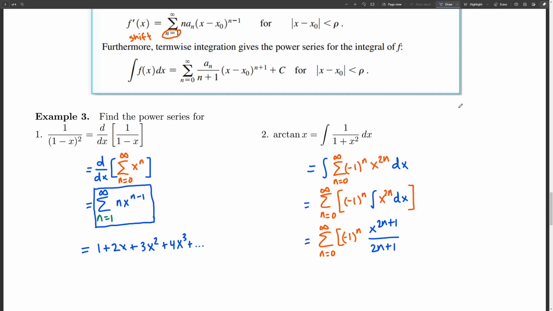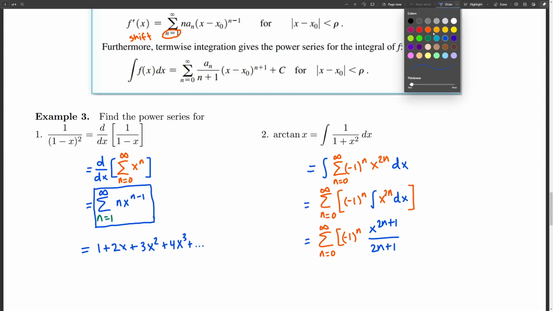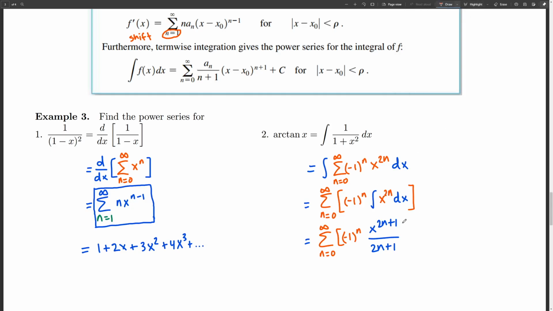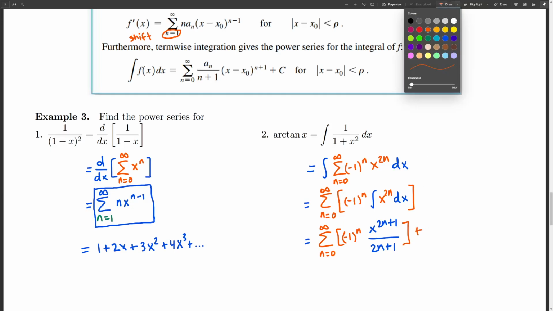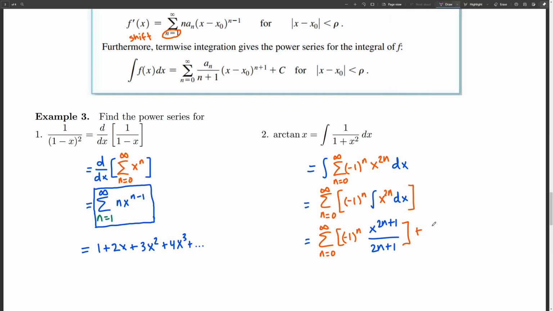Now, at this point, we have to introduce a constant of integration. And so we'll have to figure out what that constant of integration will be. But we have our power series here, and we just have to figure out what that c is.